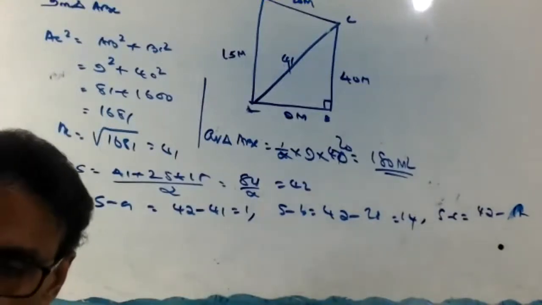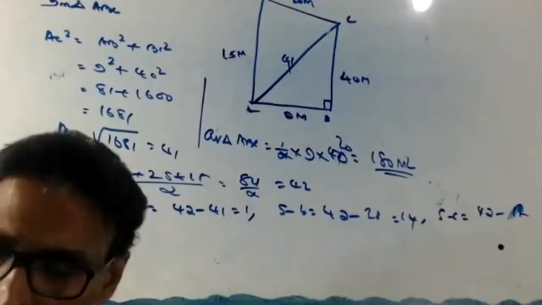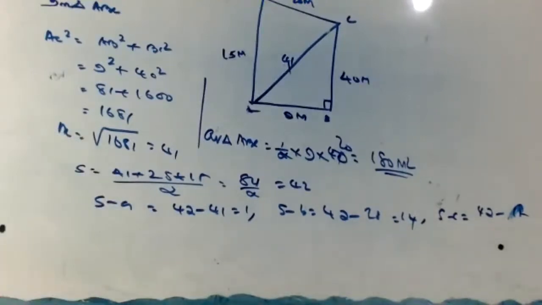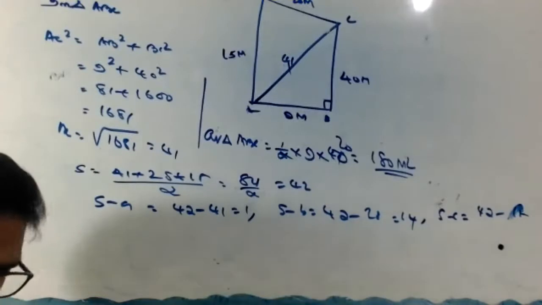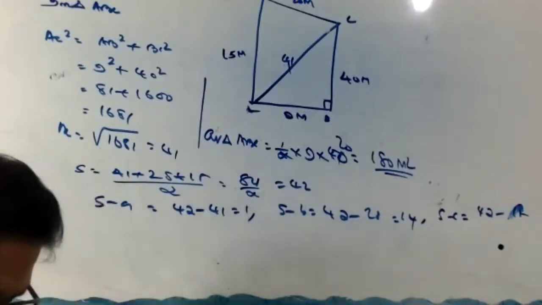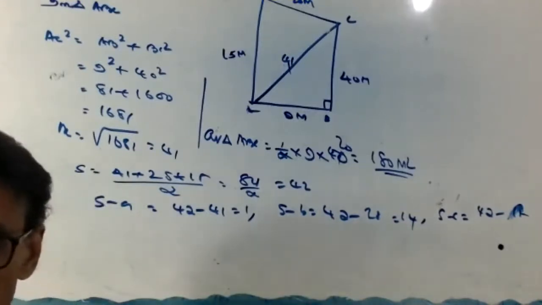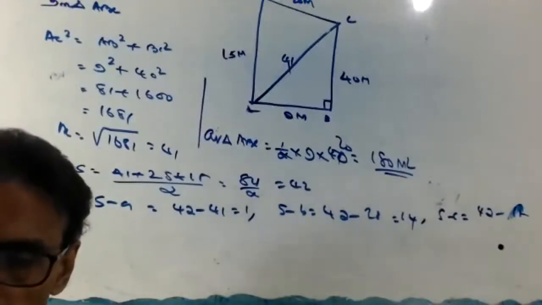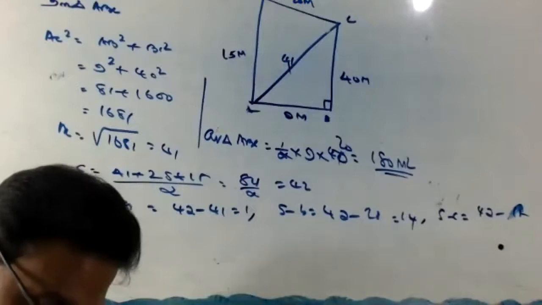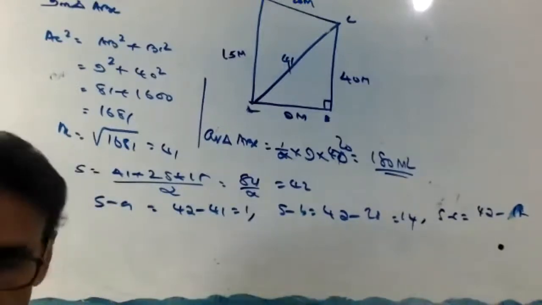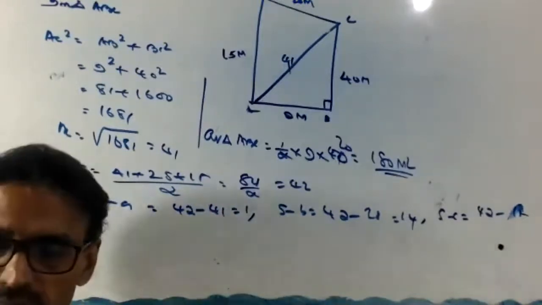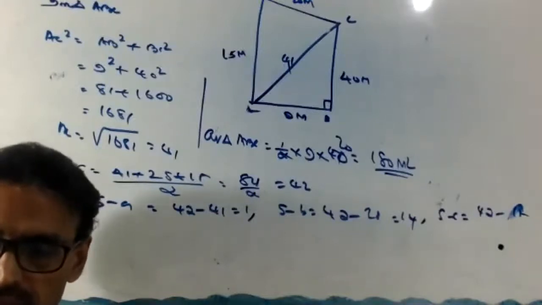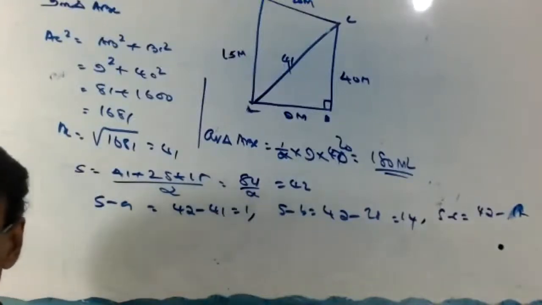Then you find the area. That area you will get 126. Then total area 126 plus 180. So the answer is what? 306. Okay, correct it now. Kurol made a mistake, correct it now.